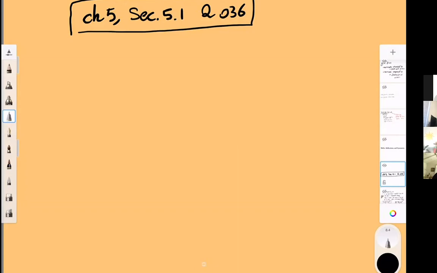Chapter 5, section 5.1, question 36. They're asking us to express the following in terms of x: e to the exponent ln of 2x plus 3. That means we have to get rid of ln. What formula do we have here? We have a to the power of log base a of x, and the answer is x.